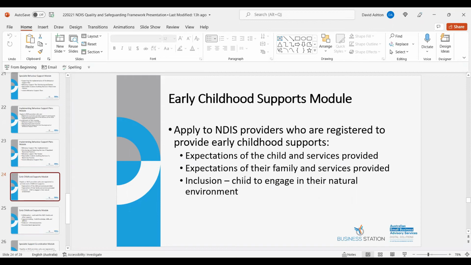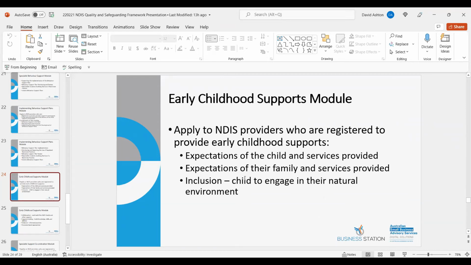The other area that's covered off too is collaboration. The development of the support plans and the provision of the services need to be put together in collaboration with the family, the provider, and any other relevant providers and people that have some involvement with the child.